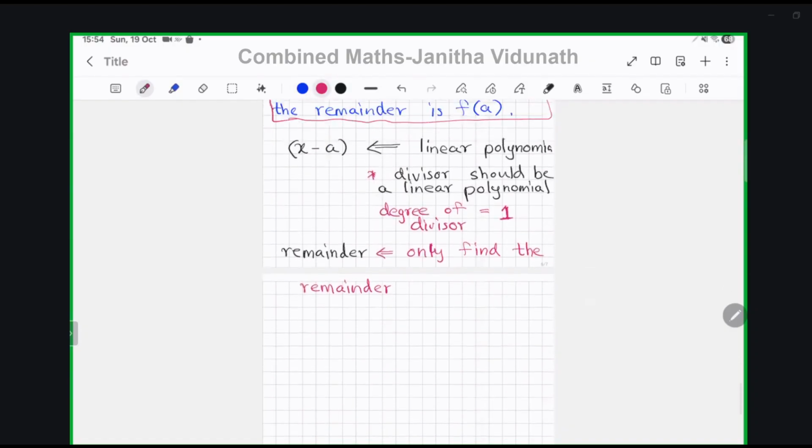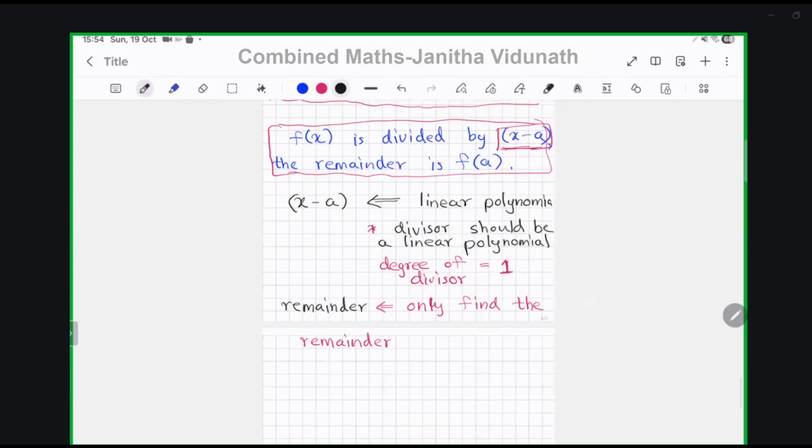But under the remainder theorem, we can only find the remainder, and the degree of the divisor needs to be equal to 1. Those are major drawbacks of the remainder theorem. But if the divisor is degree 1, then this is one of the easiest ways to find the remainder when we divide polynomials by degree 1 divisors.